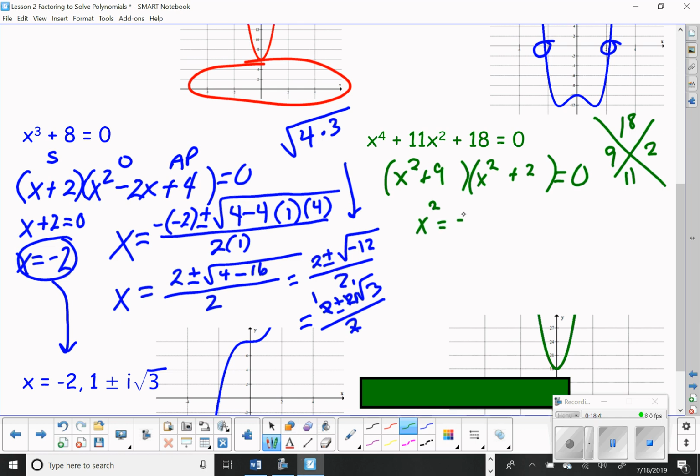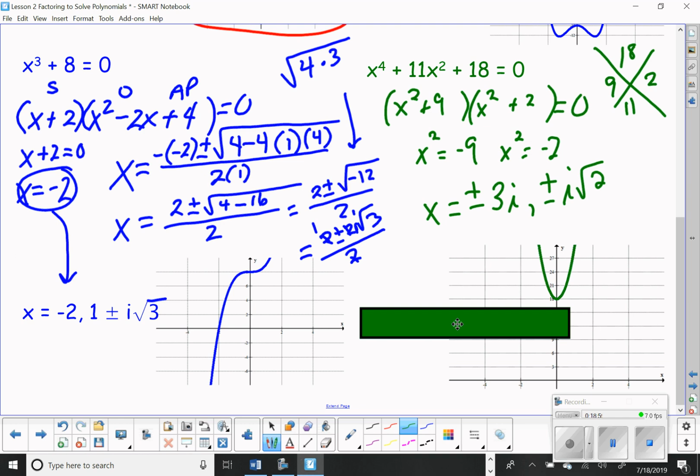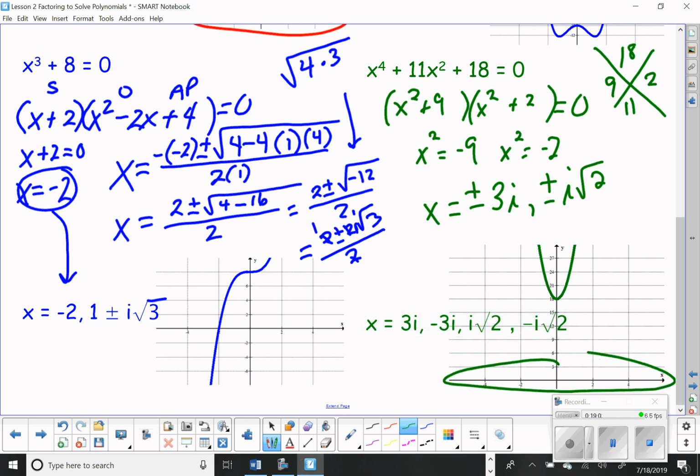X squared equals negative 9, x squared equals negative 2, x equals plus or minus 3i, and then plus or minus i root 2. Notice, if you look at your graph, it does not cross the x-axis anywhere. Therefore, I know all 4 solutions will be imaginary. Okay?